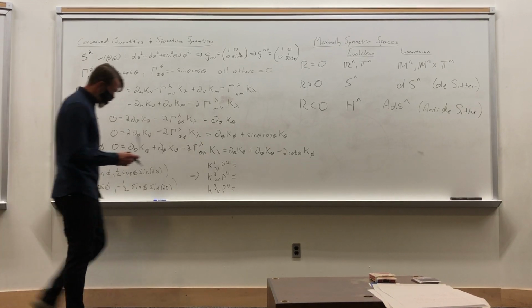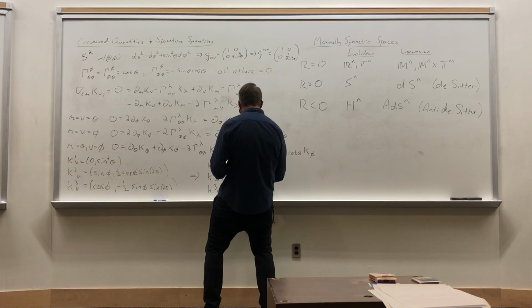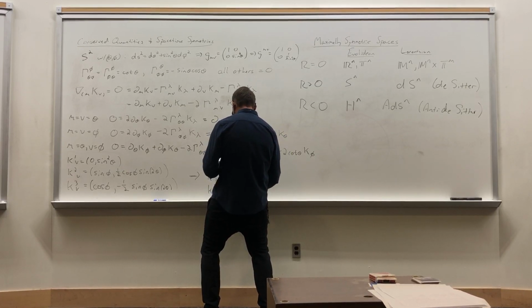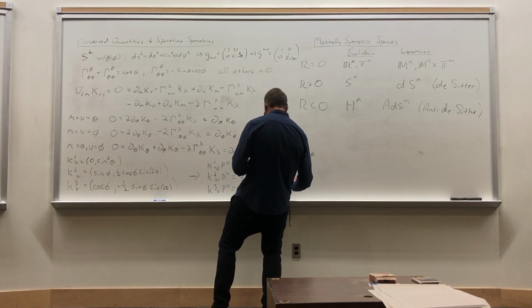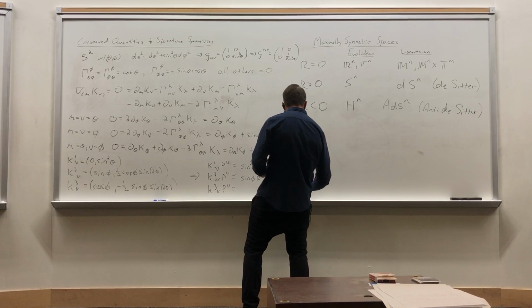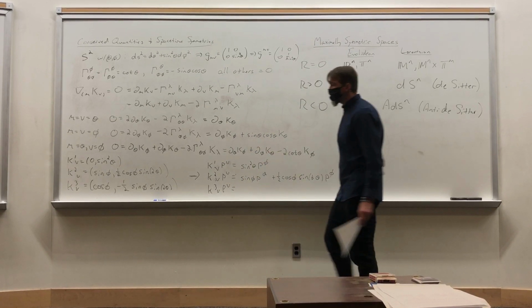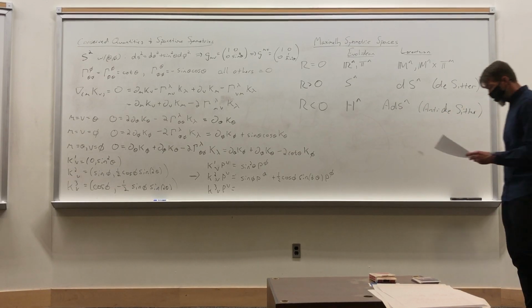Okay? In this case, the first one gives me sine squared theta p phi. The second one gives me sine phi p theta plus 1/2 cosine phi sine 2 theta p phi. And I'll let you figure out what the last one is. It's pretty simple.